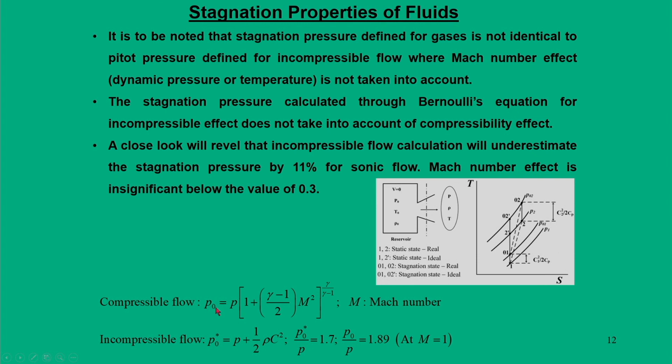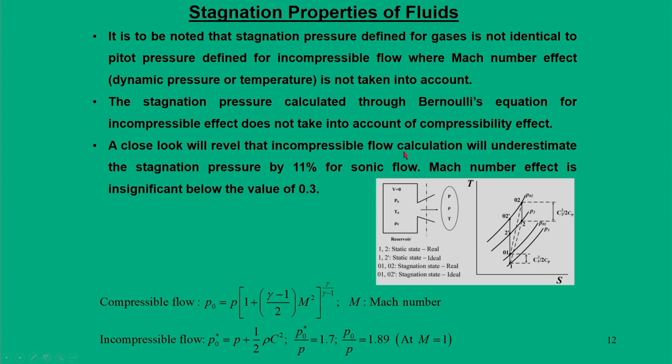A typical quantification could be this: if a stagnation pressure is defined for a compressible flow and for an incompressible flow, for a situation with a Mach number of 1, we will find from Bernoulli's equation that this ratio P naught by P is 1.7, while from the compressible relation P naught by P will be 1.89.